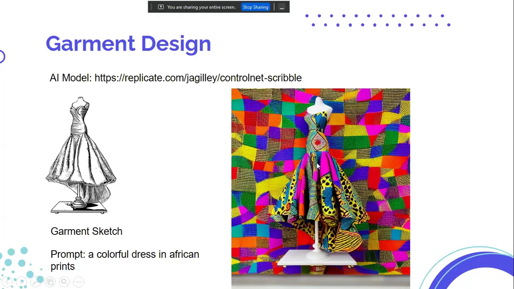So you can see how AI can help fashion designers prototype faster, cheaply, and be able to focus on what now brings them money, which is manufacturing. So this is an example of using ControlNet, or this guided image generation technique that we talked about earlier, to generate concepts or fashion prototypes.